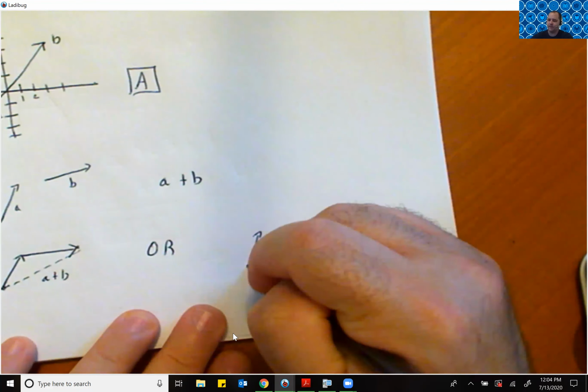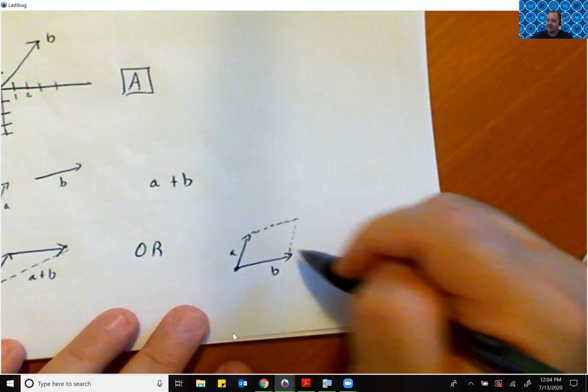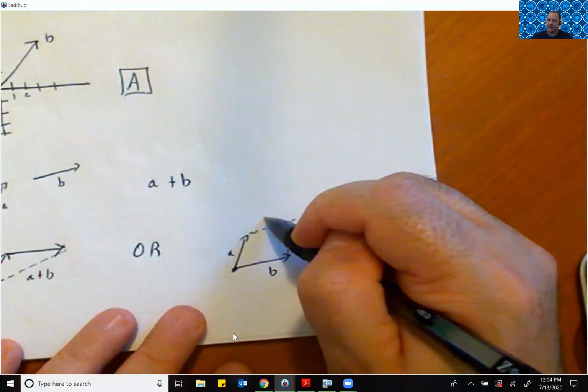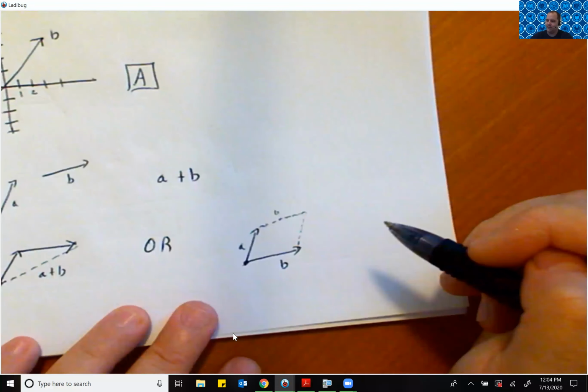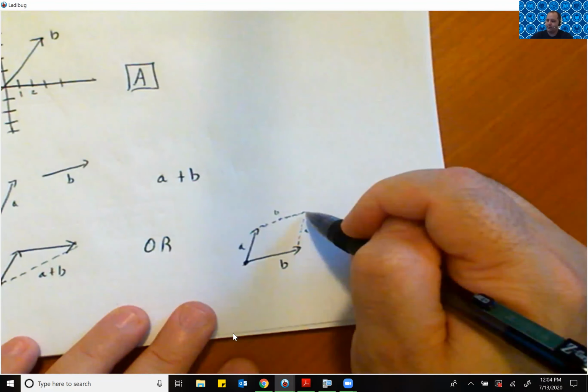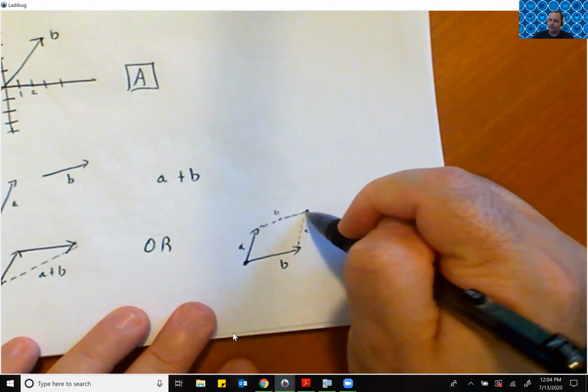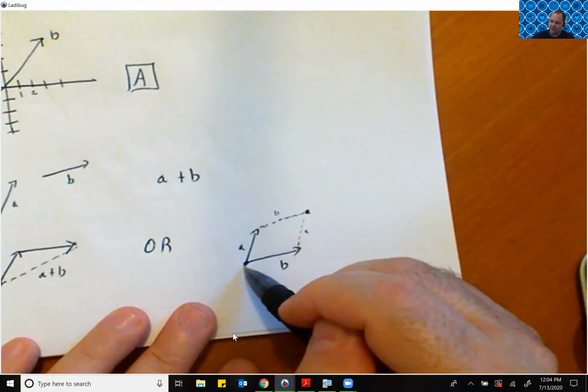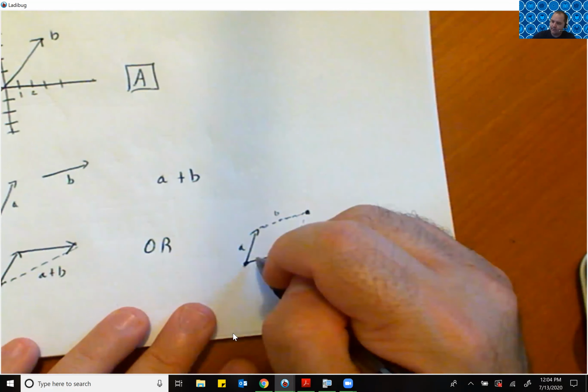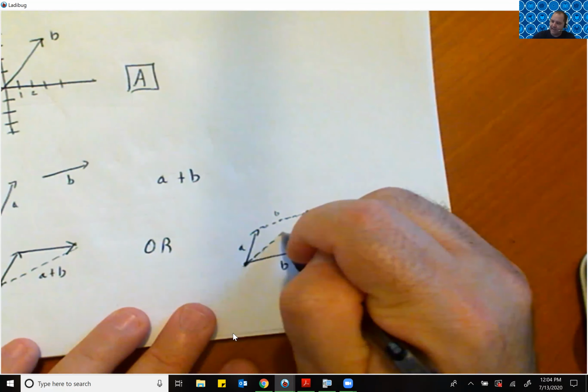This one should be more angled. Close enough. So imagine I completed the parallelogram, like I put another vector B here and another vector A here. These two vertices that are opposite each other represent that diagonal of A plus B.